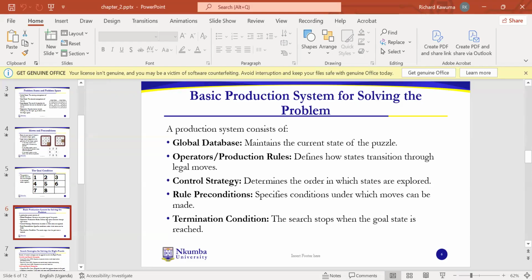A database is a collection of related data, structured. Greetings, Professor. Greetings to you. You said related what? A collection of related data, which is structured. Okay. In simple terms, we can say a database is where data is stored, right? Now, that data, before you manipulate it, has a current state, okay? And that is what we call a global database.